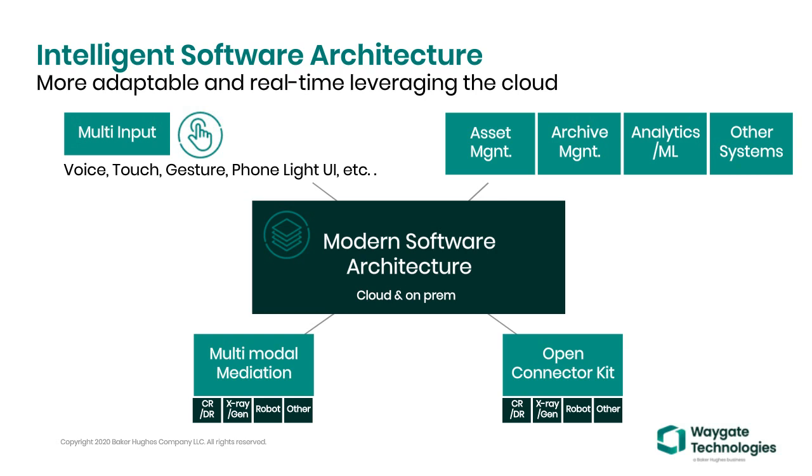On the bottom, you see the various types of kit that you might be connecting to, whether it's X-ray or generators, or of course in the field radiography area, you'd be connecting to CR and DR equipment. And that could be from Waygate or other vendors. And at Waygate, we're building both capabilities into our software. It also could be for different modalities beyond field radiography as well.